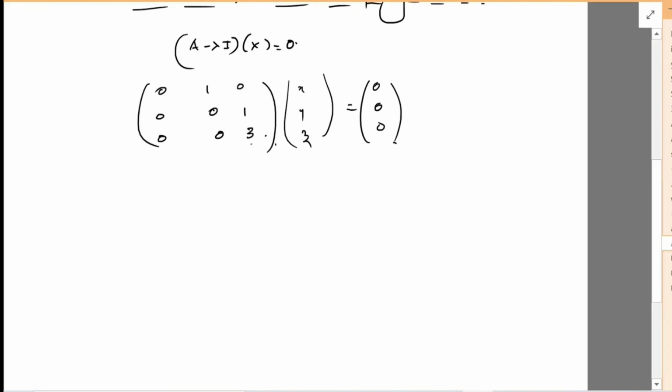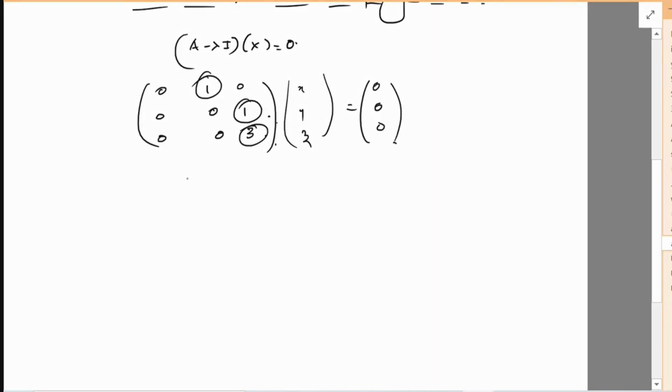So now find the solution. Is it in echelon form? Look at the leading coefficients. It is not in echelon form, so we have to apply an operation. The entries below the first leading coefficient are 0, so we have to mark the second leading coefficient and make the entry below it 0.